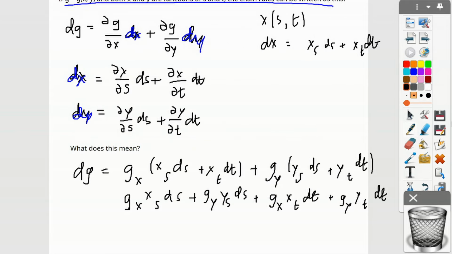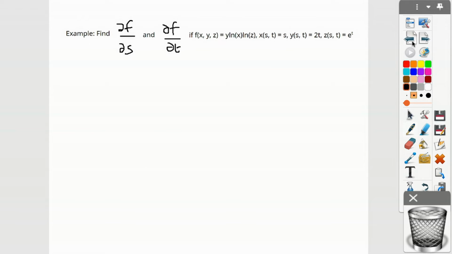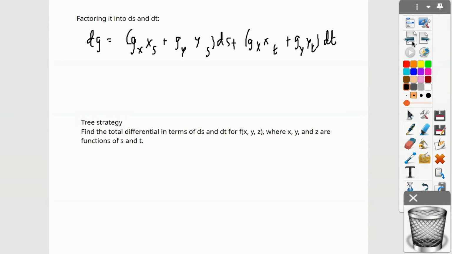Now g is a function of x, y, but g could also have been a function of s, t if we knew what s and t were. And I'll illustrate that with this example right here. If we knew what s and t were, we would be able to do it, but we don't in this case. So what we can actually do is g as a function of s, t is simply g sub s ds plus g sub t dt.